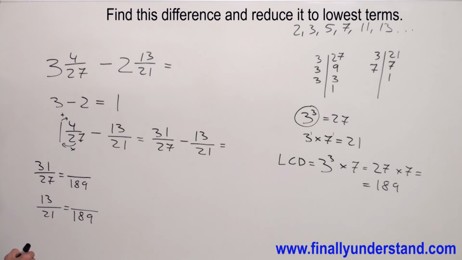The question is, by what number do I have to multiply 27 to get 189? I have to multiply by 7. Whatever I did in the denominator, I have to do also in the numerator. 31, I have to multiply by 7 is equal how much? 217.